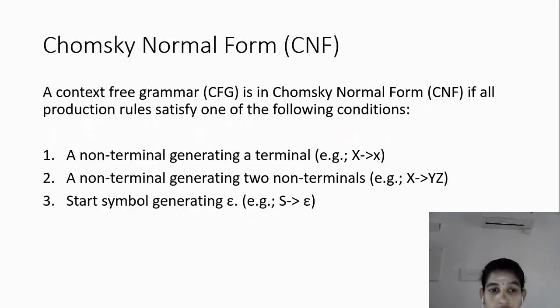Also, the starting symbol alone may generate epsilon. No epsilon productions are allowed in your production rules, but it is applied in only one place, your starting symbol. These are the basic three rules.